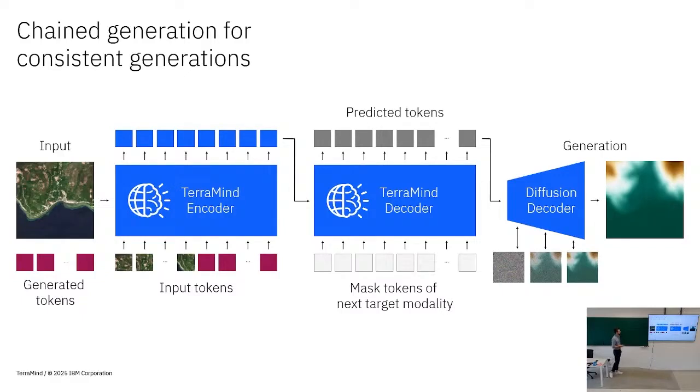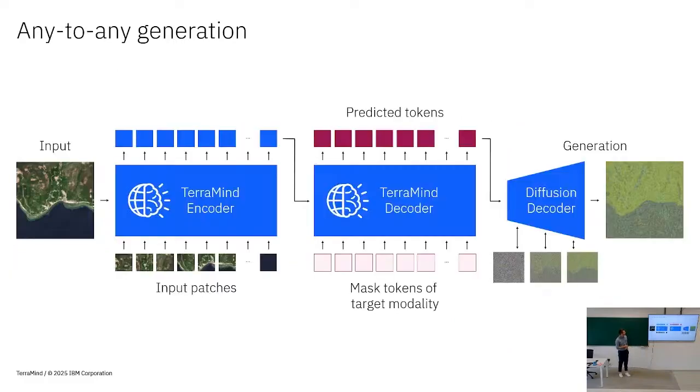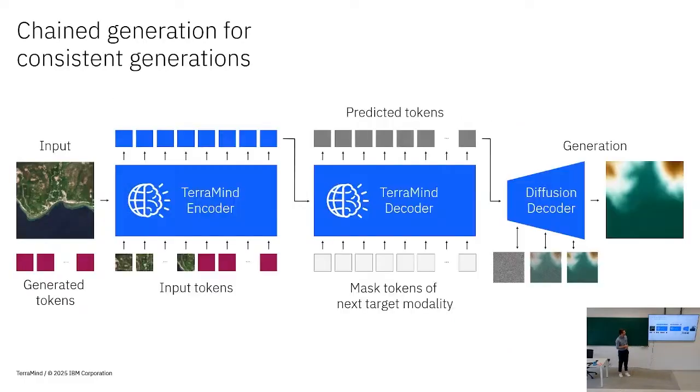Say we have a couple of inputs that we leverage in TerraMind, and then we predict tokens in that case for digital elevation. Then we can additionally input those predicted tokens to the model again to condition the probability distribution so that TerraMind will not generate inconsistent results across modalities. Say in the beginning I was only using optical data for this region here to generate the other ones.